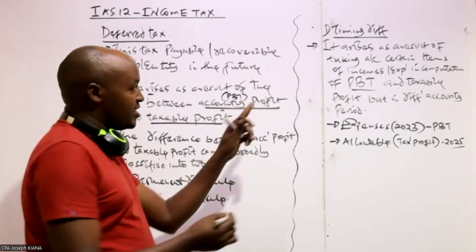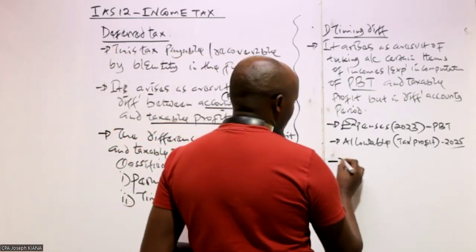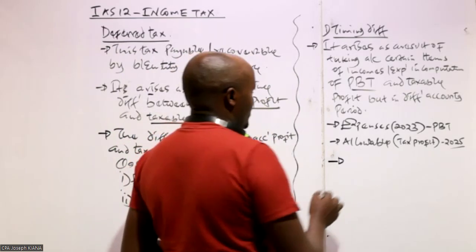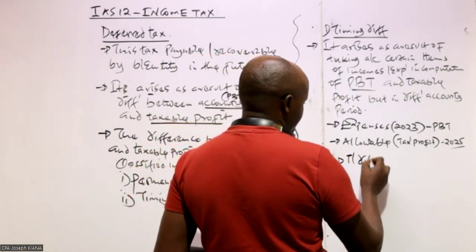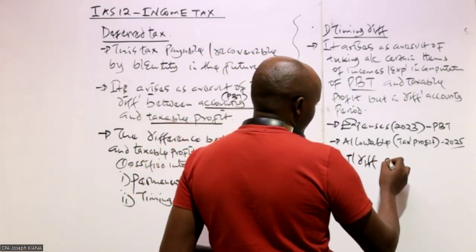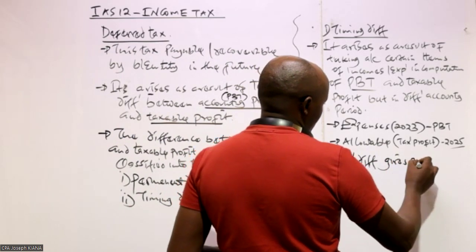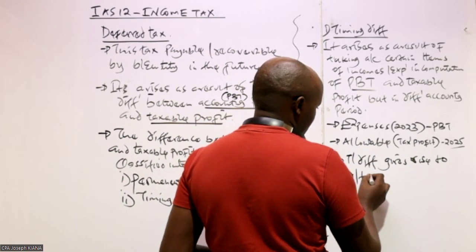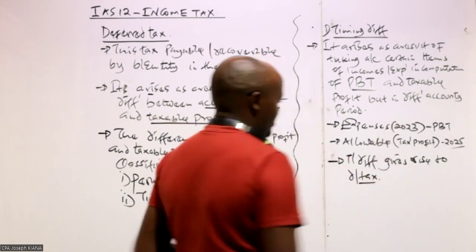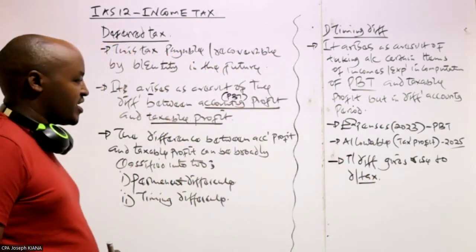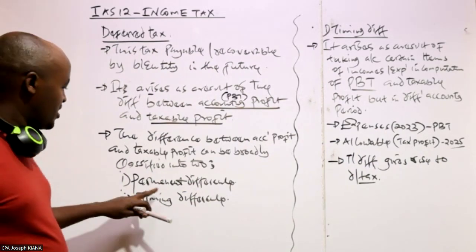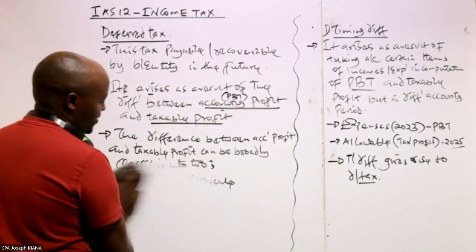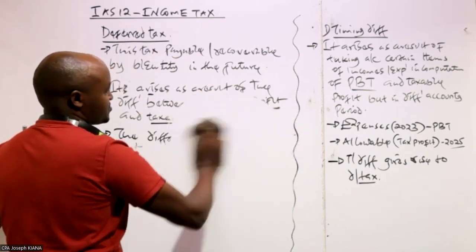Therefore, this particular difference is the one which gives rise to the deferred tax. So timing difference gives rise to deferred tax. Then let's define what the permanent difference is.